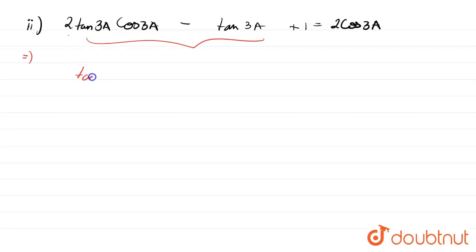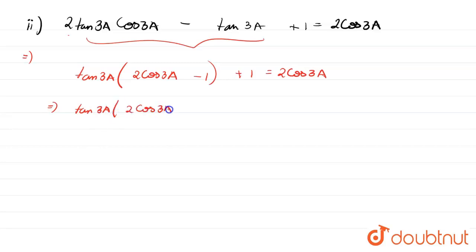So taking tan 3a common, we will get 2 cos 3a minus 1 here, plus 1 is equals to 2 cos 3a. Okay, now what we can do, we can take this cos 3a to the left hand side. So tan of 3a multiplied by 2 cos 3a minus 1, plus 1 minus 2 cos 3a is equals to 0.